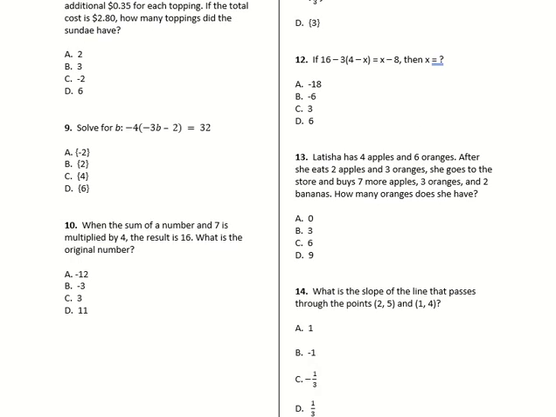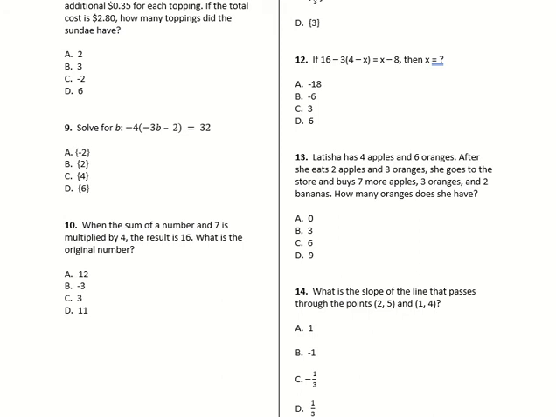If 16 minus 3 times the quantity 4 minus x, end quantity, equals x minus 8, then x equals what? A, negative 18, B, negative 6, C, 3, D, 6.